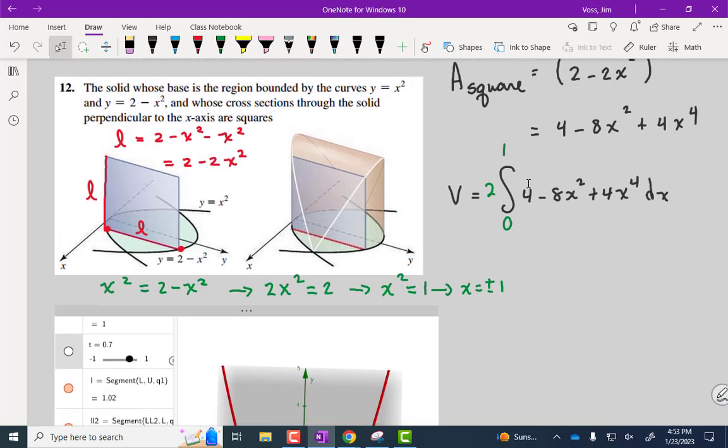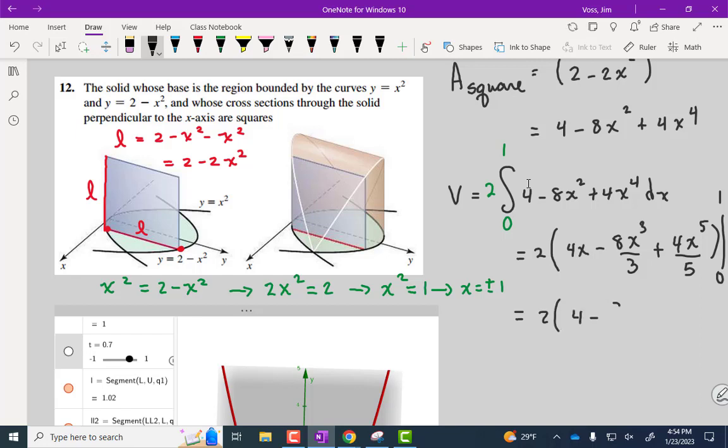So let's integrate. Plugging in 0 doesn't give us anything.